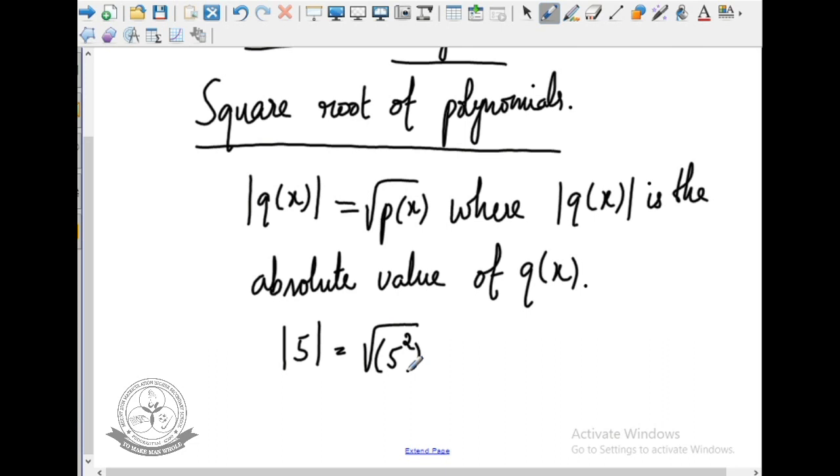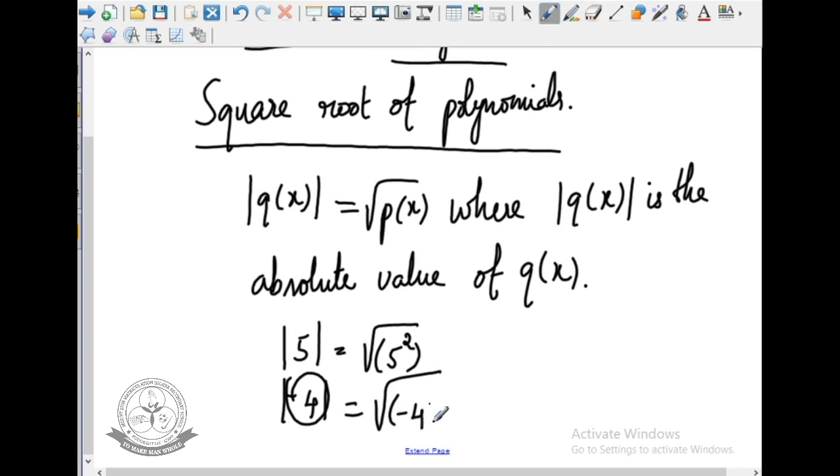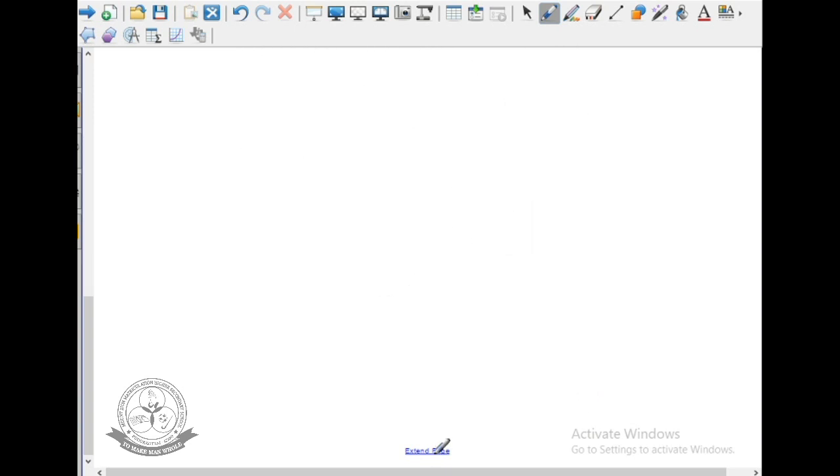Here I take -4. Then -4 the whole squared, square root of 16, will come out only positive. So that is the absolute value, right?